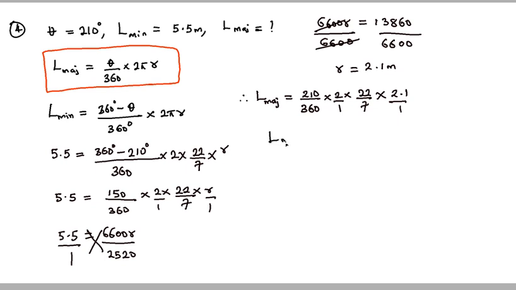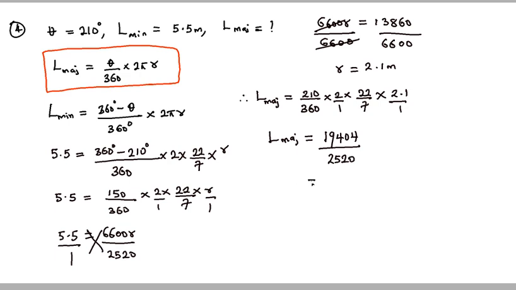So length of major is equal to 210 times 2 times 22 times 2.1 is 19,404, all over 360 times 1 times 7 times 1 should give us 2520.